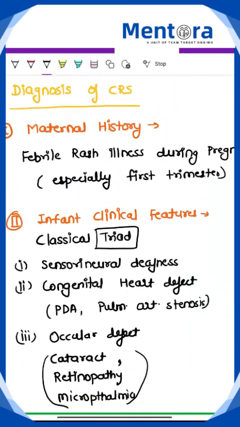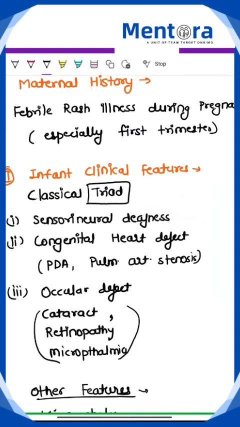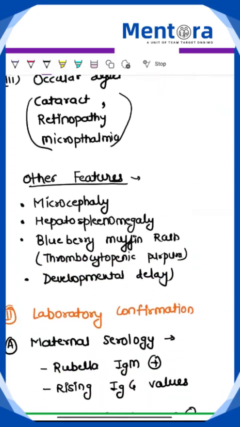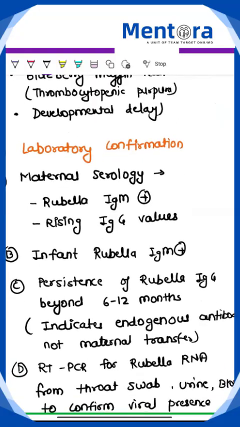So this is the diagnosis of congenital rubella syndrome. Take maternal history. If there is history of maternal fever with rash, infant clinical picture which includes classical triad, and then laboratory confirmation.